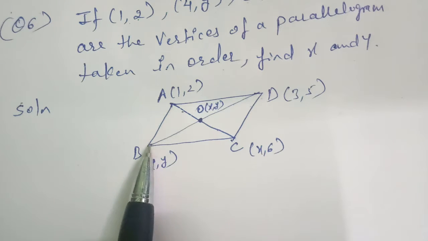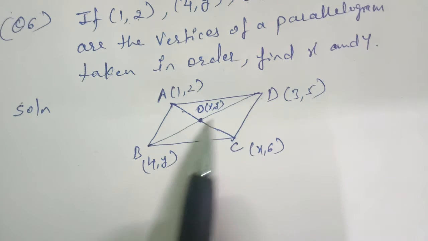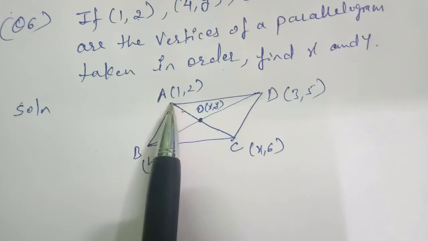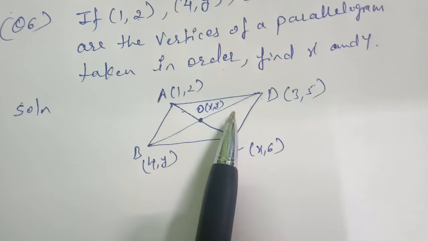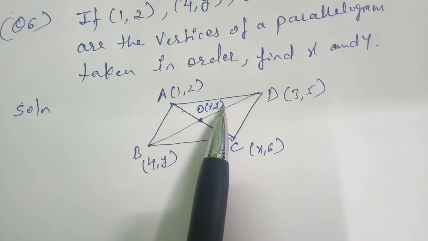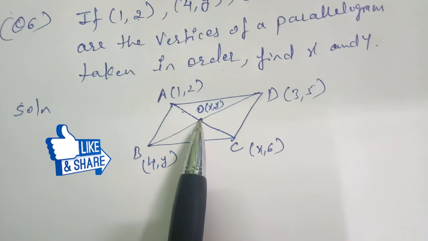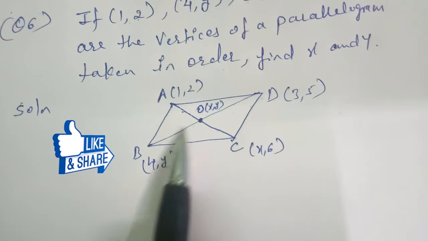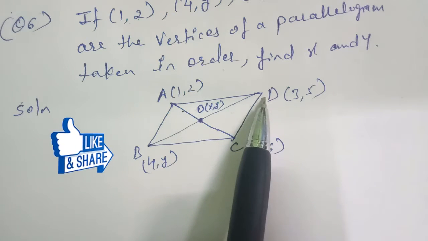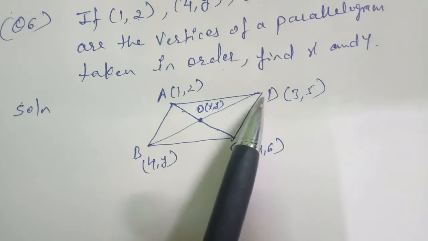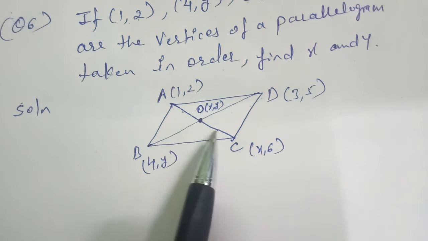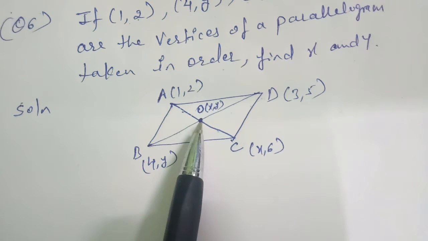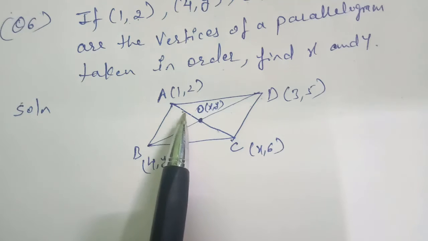It means if we take the diagonal BD, it is bisected by the diagonal AC. It means it is divided into two equal parts. If BD is divided into two equal parts, the point O is at the center of BD. And when BD divides AC into two equal parts, O is at the center of AC.